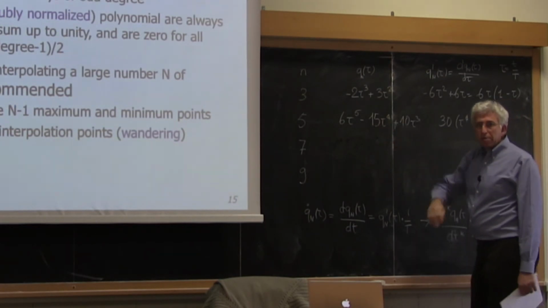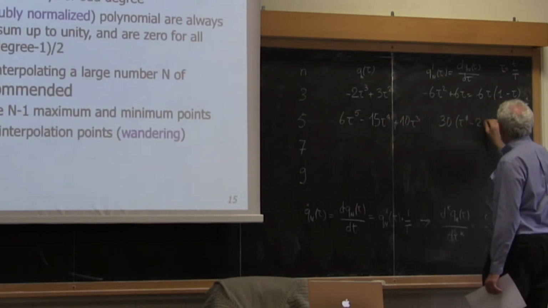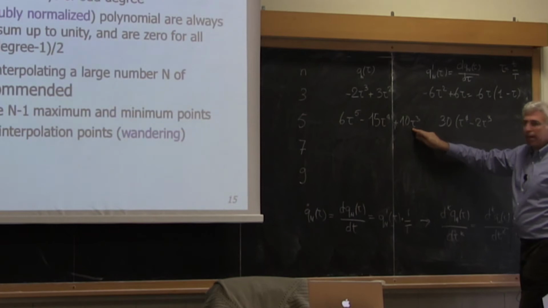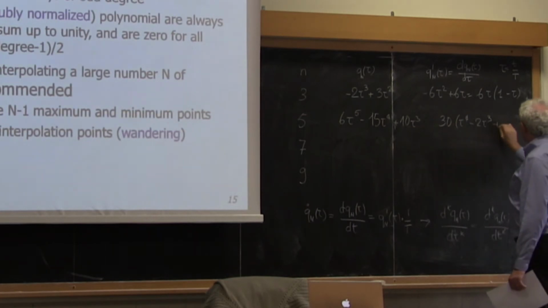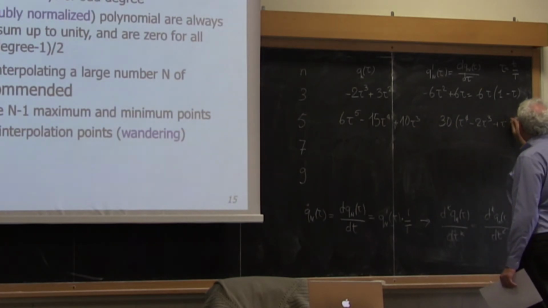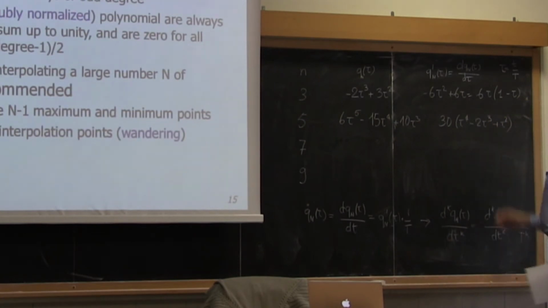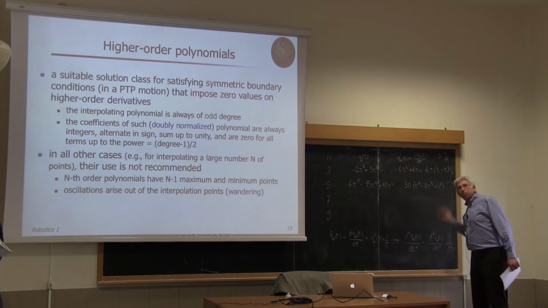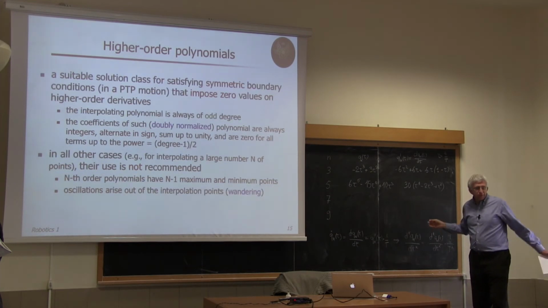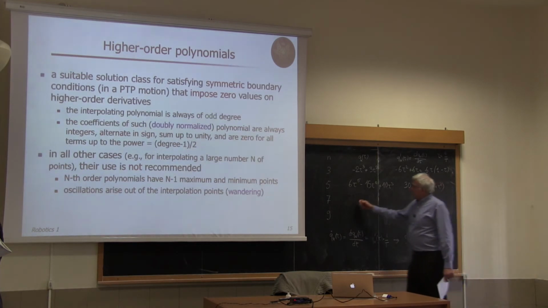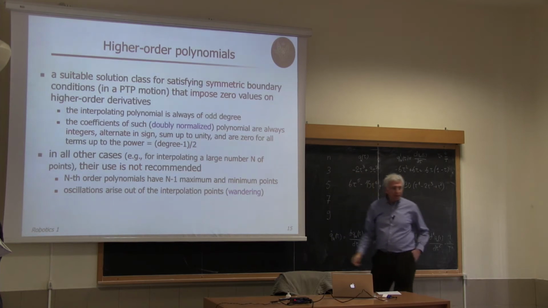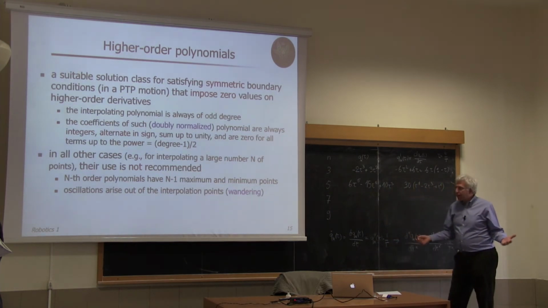So I take out the 30, so I have tau to the fourth minus 2 tau to the third plus tau to the second. And then I can compute also the second derivative and so on. You see that after some derivation, this goes to 0. All goes to 0, of course. Okay? And now, if you need to impose also initial and final jerk, same story.